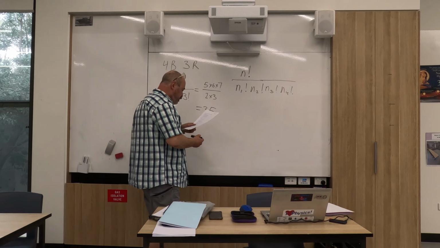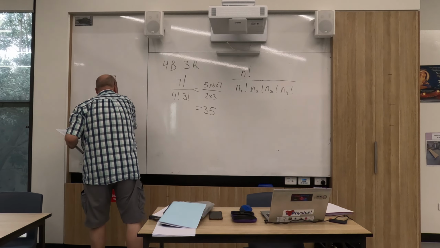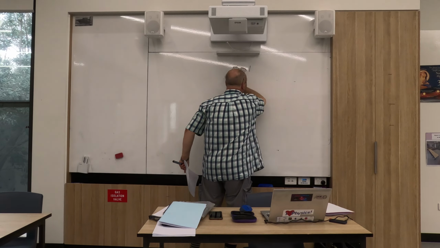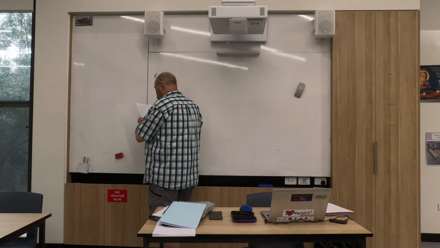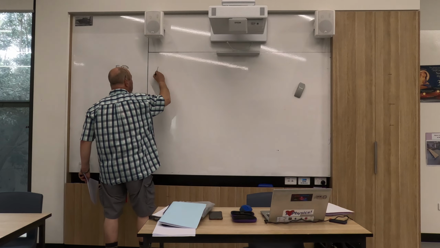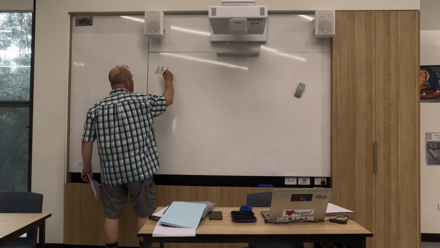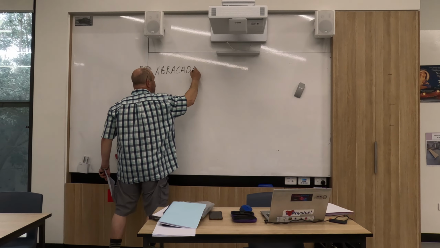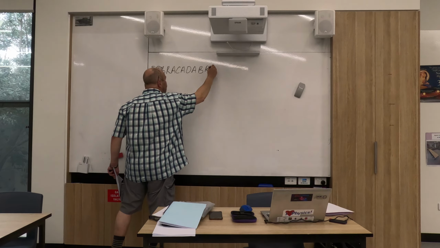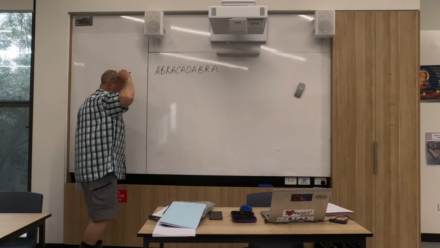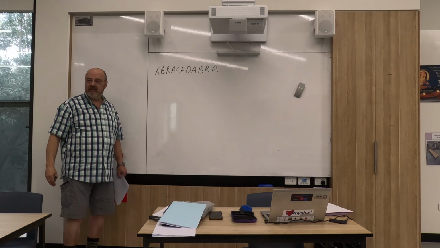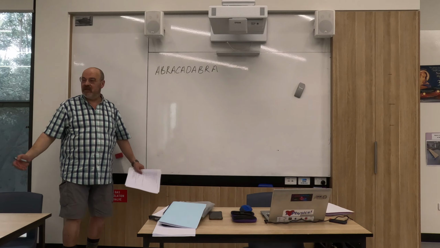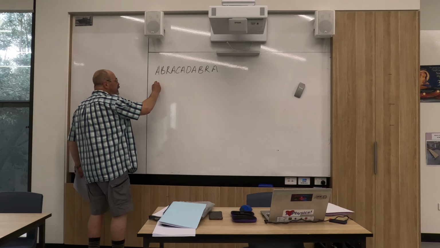Determine how many different permutations or arrangements can be made from the word abracadabra. So we have like objects, the same letters. When we swap any A's, nothing changes. So how many A's do we have?